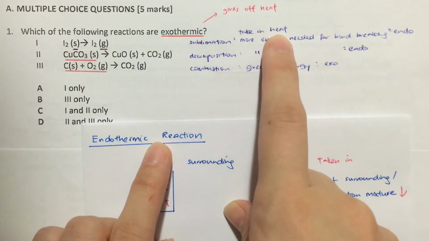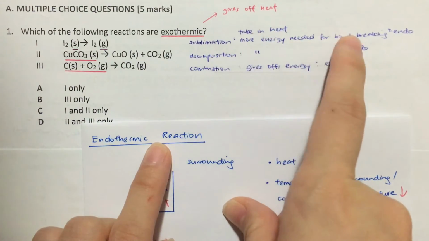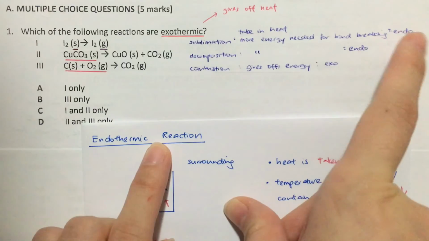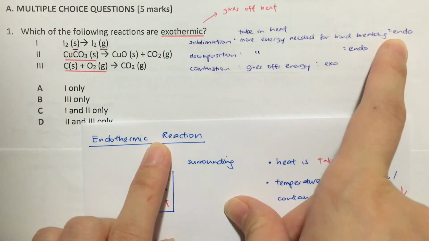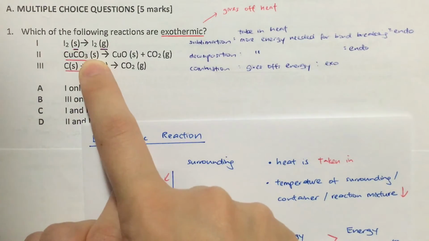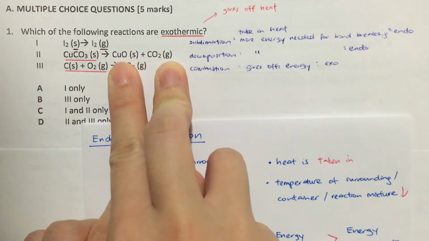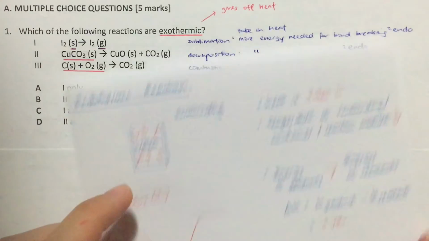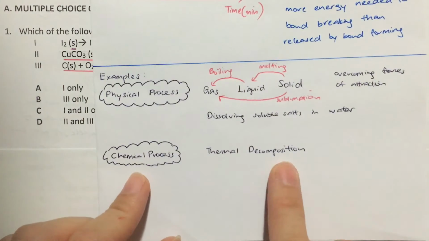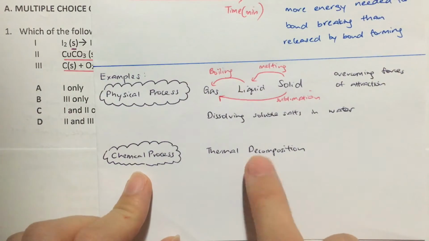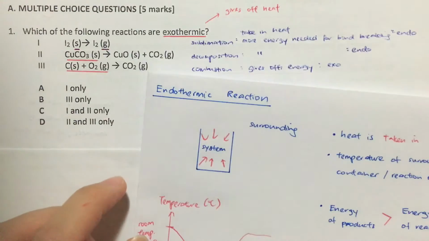It takes in heat, which means more energy is needed for overcoming the forces of attraction, that's why we call it endothermic. The next one, a solid substance breaking up into two different substances. So this is called your thermal decomposition. Again, in decomposition, we are breaking up bonds.